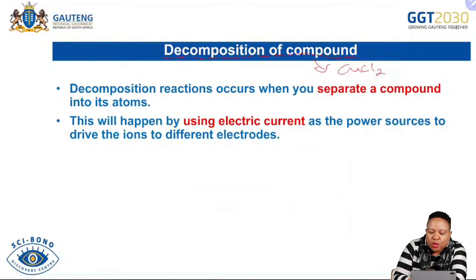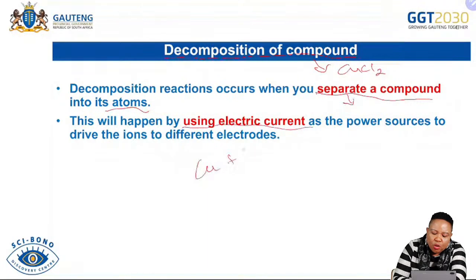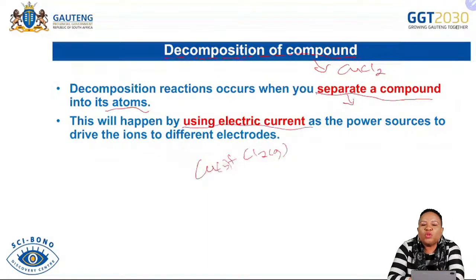We are looking at the separation of a compound using electric current. When you decompose a compound, you are separating it into its original atoms. So we need to see copper forming and also chlorine gas forming.